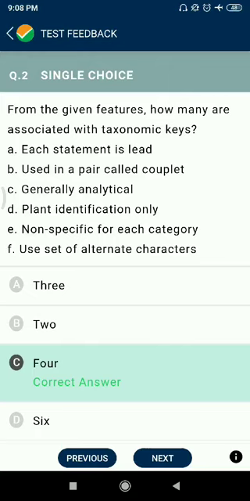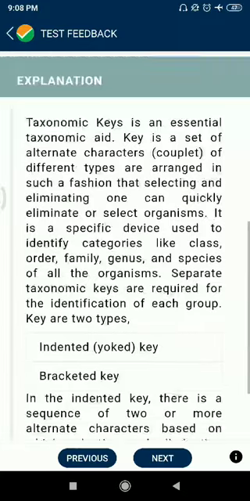Plant identification only. Non-specific for each category. But generally analytical, this is correct. But uses a set of alternate characters.